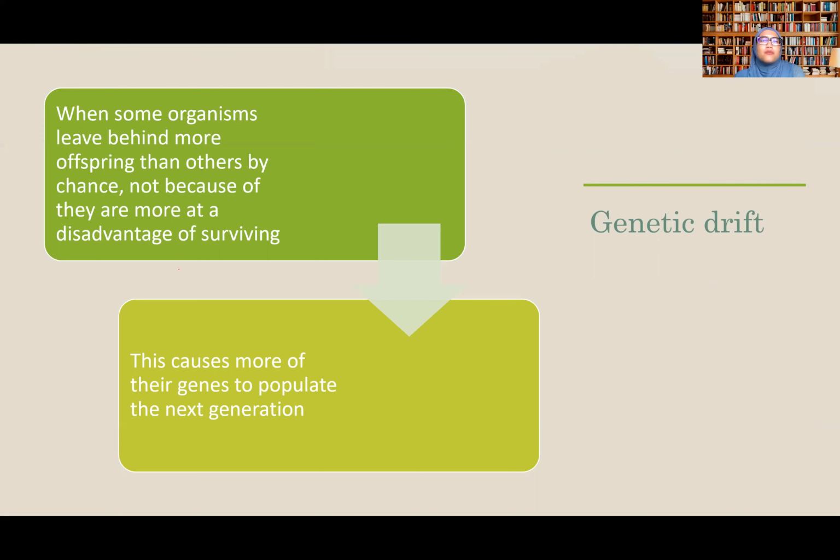So genetic drift is when some organisms leave behind more offspring than others by chance, not because they are at a disadvantage of surviving. This causes more of their genes to populate the next generation.